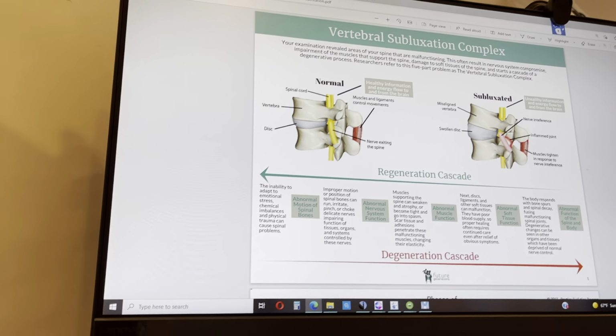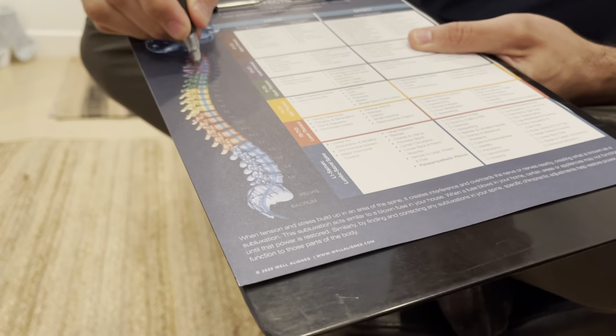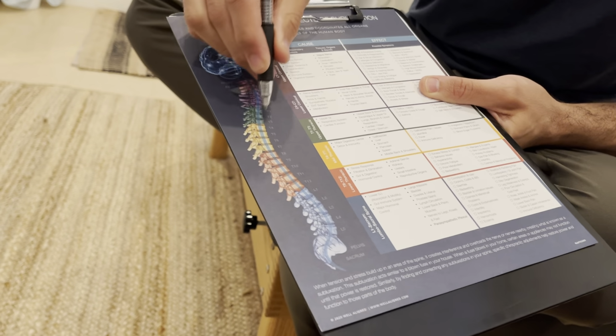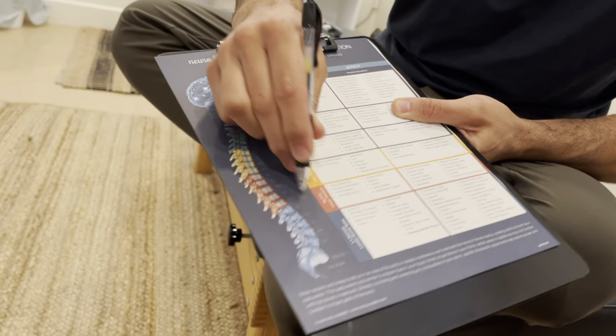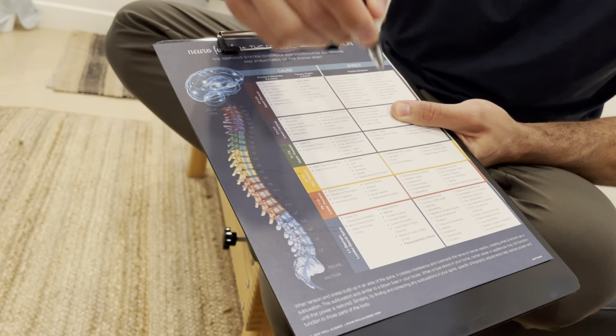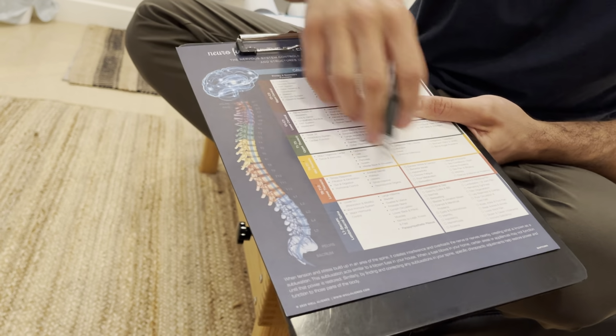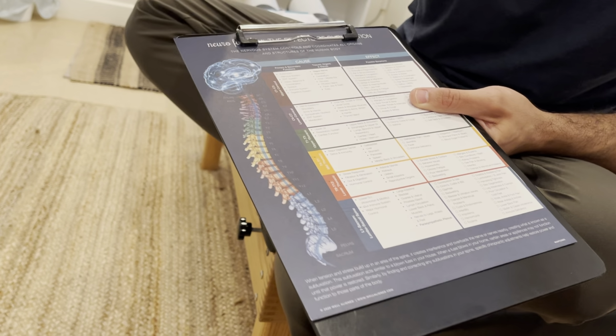So when we look at the nervous system, we have brain and we have spinal cord. Then there's spinal nerves that come off of every level, between every bone. They go to the body depending where they leave, do whatever they're gonna do, and then those messages go back to the brain.